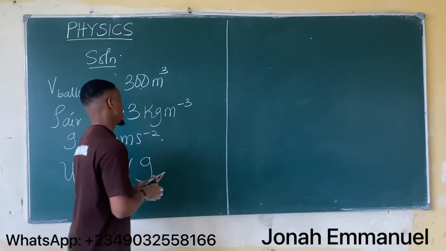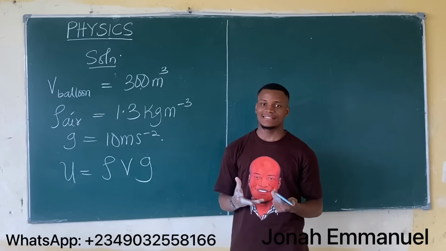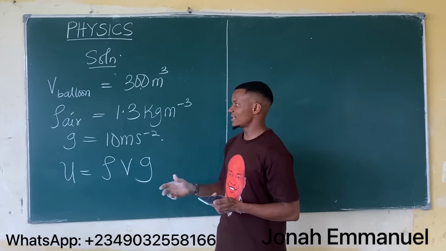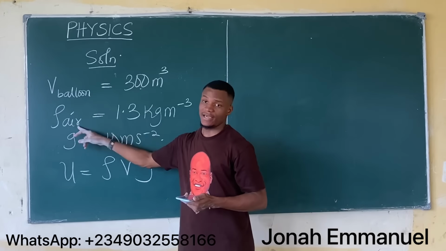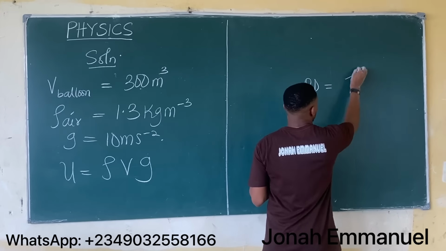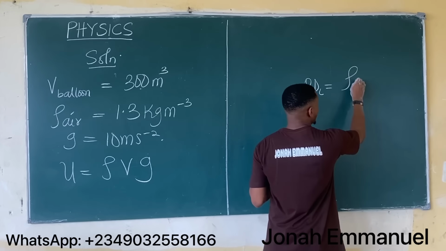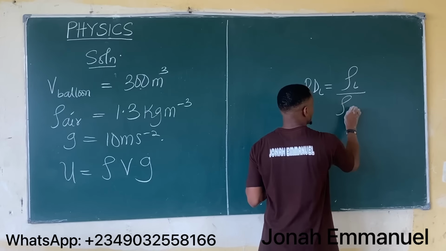Now observe that in this case, they said the balloon is filled with hydrogen gas. So in terms of gas, they gave you density of air. That's what you should note. When you are working with liquid, paraffin wax, and liquid, they do give you density of water. Alright? So here's the concept. Relative density of a liquid is equal to density of that liquid all over density of water.